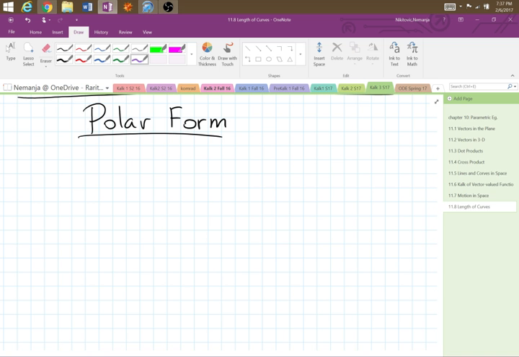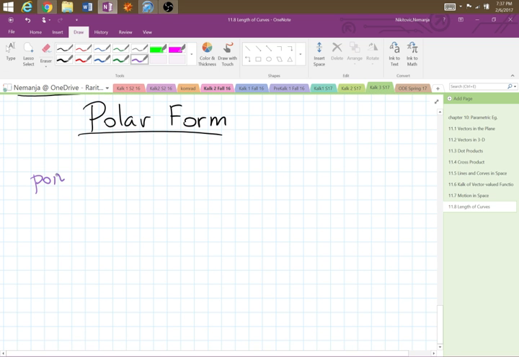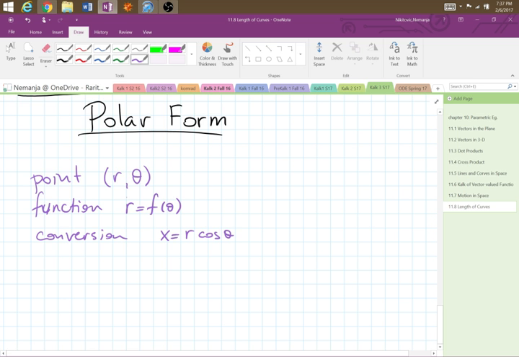So for polar, we start at the point, which was r theta. Then we have the function, which was r equals f of theta. And then we had the conversion, where x was equal to r cosine theta and y equals r sine theta.